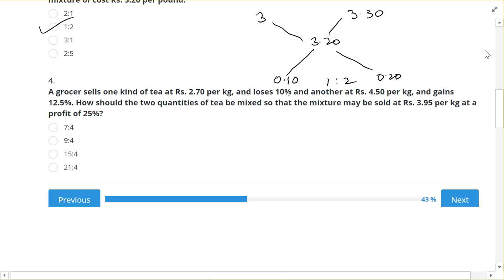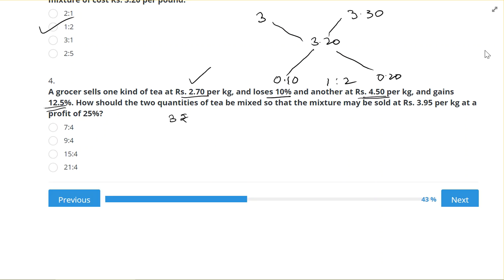So 10% loss when sold at 2.7 per kg. Obviously the cost price is 3 rupees of the first kind of tea, because 10% loss, that is 0.3, so 2.7 is the selling price. Clear? And another at rupees 4.5 per kg, gaining 12.5%.